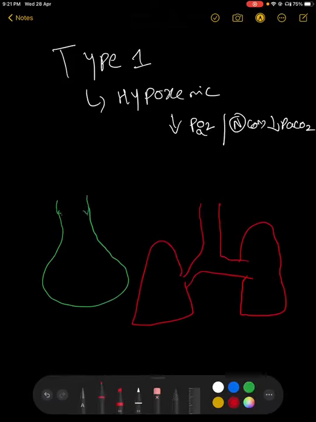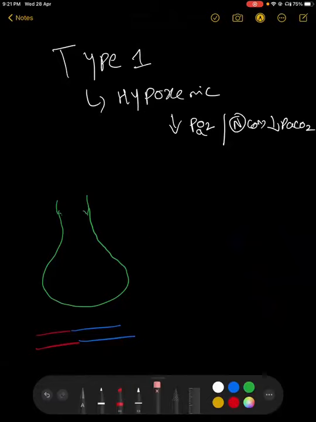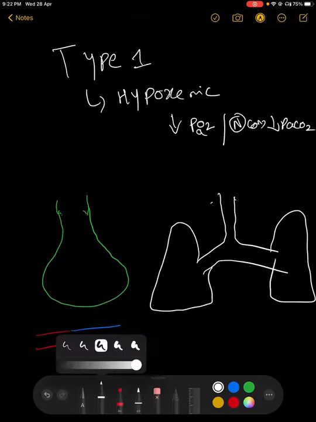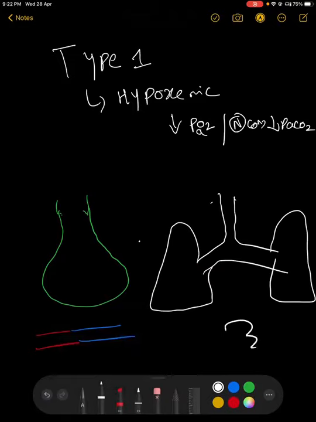These are the alveolar capillaries, and this part is the interstitium.